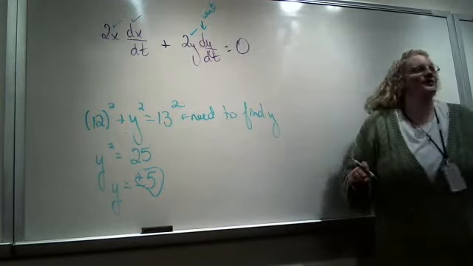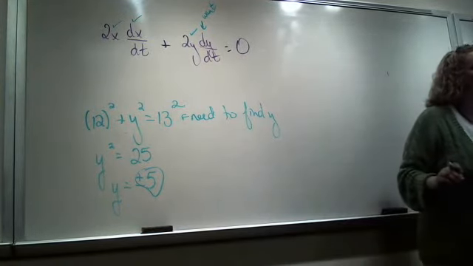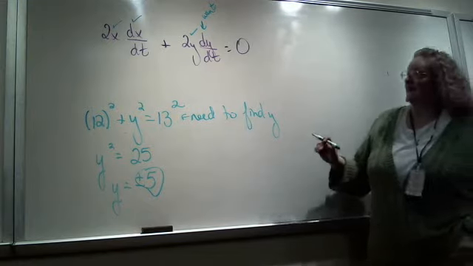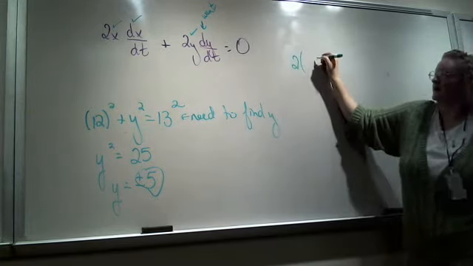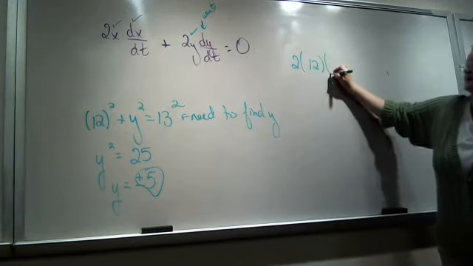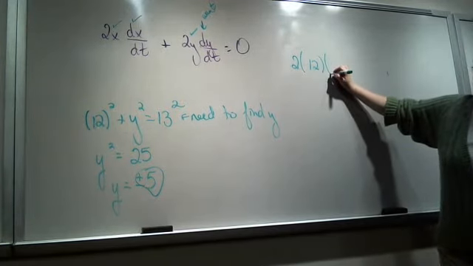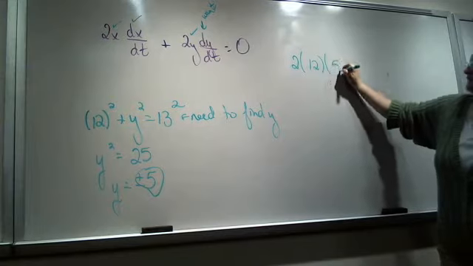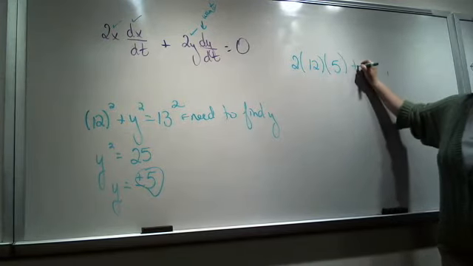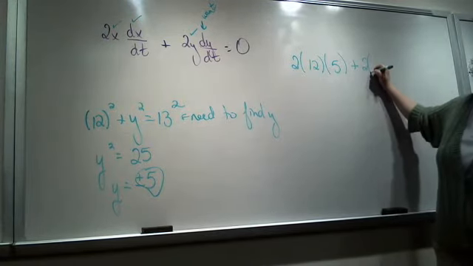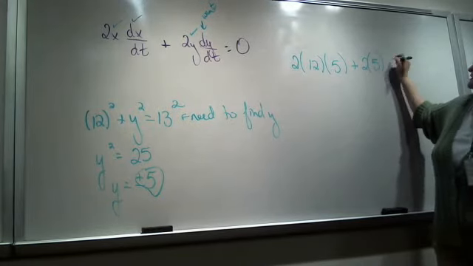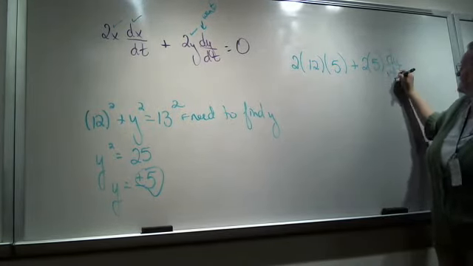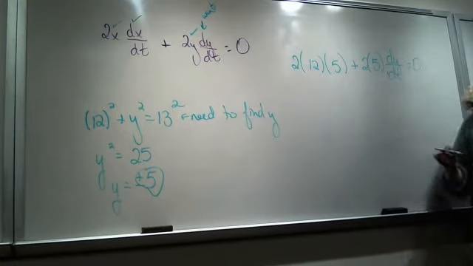If I have those 3 values, can I find my dy dt? What is it? 2 times 12 times 5 plus 2 times what? 5 times dy dt is 0.